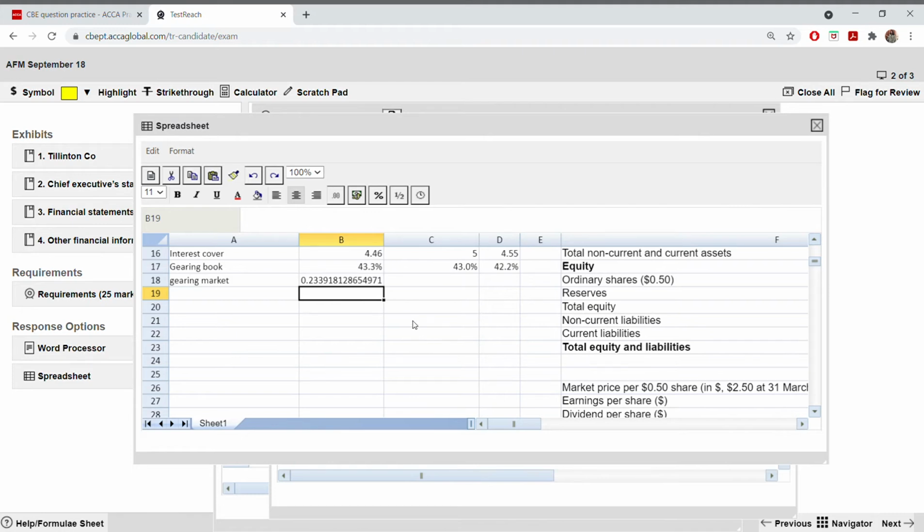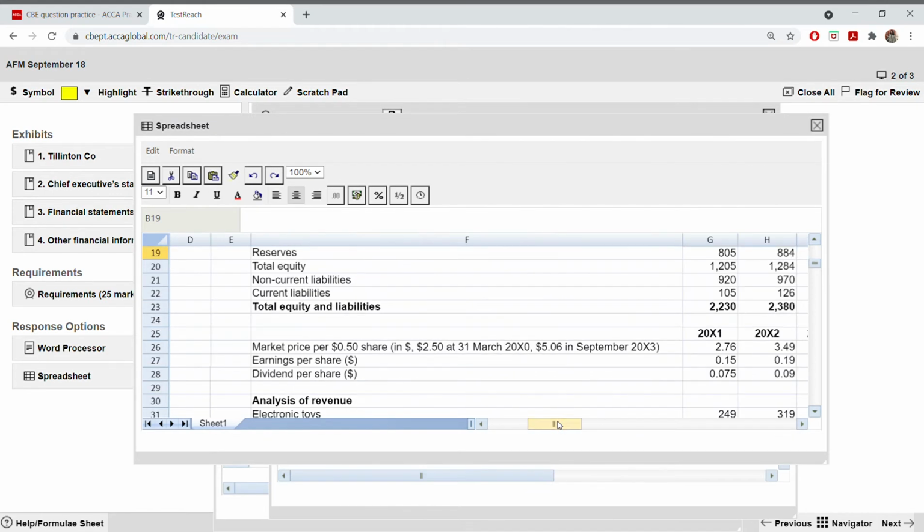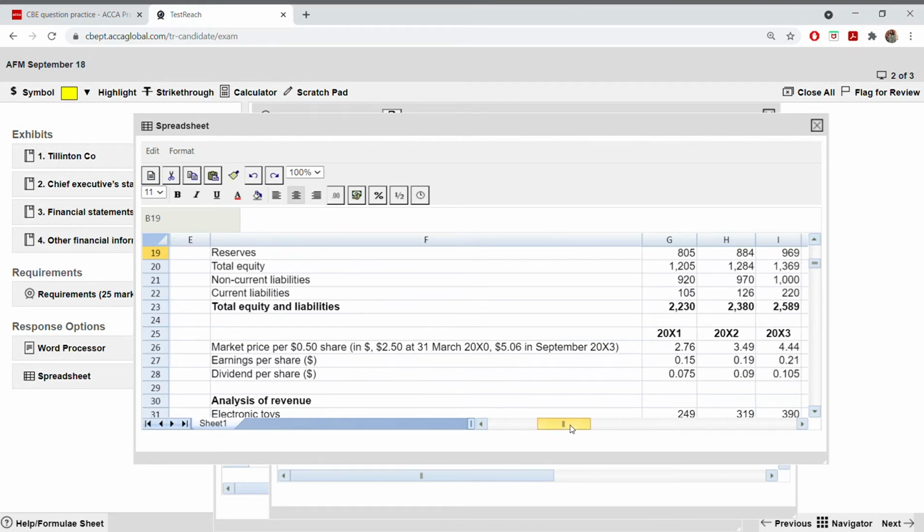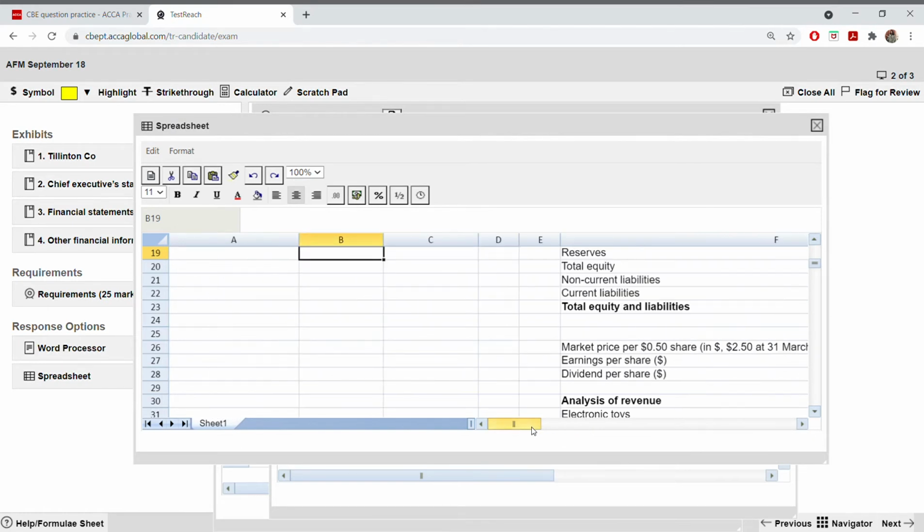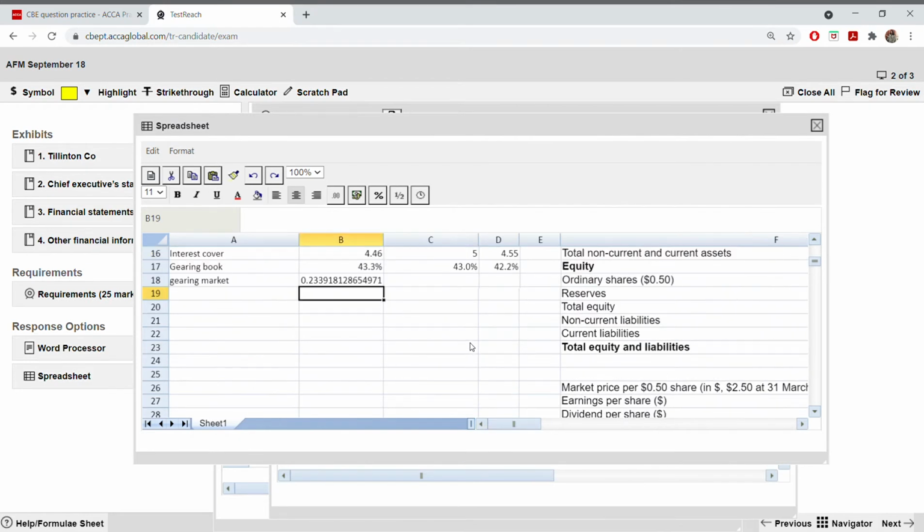Non-current liability divided by non-current liability plus market value of share capital as percentage. So the shares are how much? Just look at the shares: 2.76, 3.49 and 4.44. So definitely something is wrong.